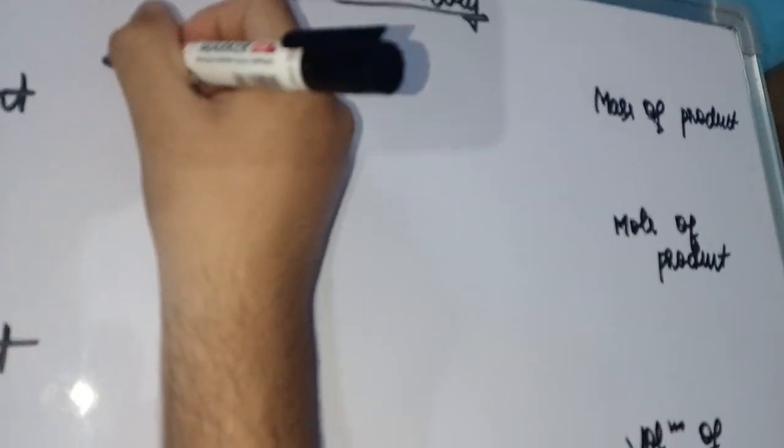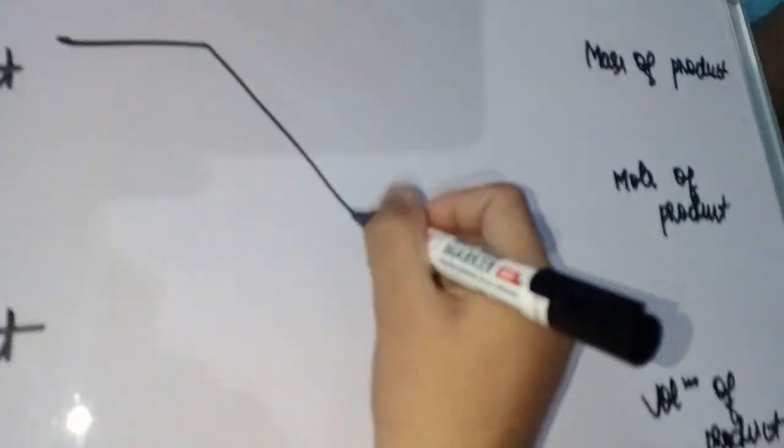Similarly, mass of product, mole of product, or volume of product may be asked. Now, let me draw the possible permutations and combinations.